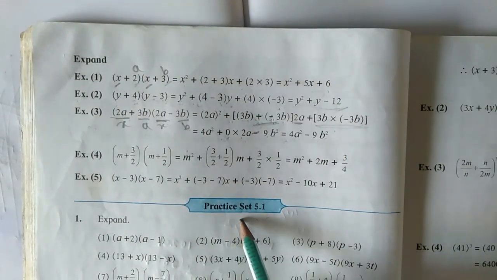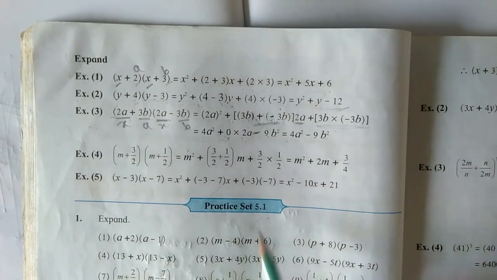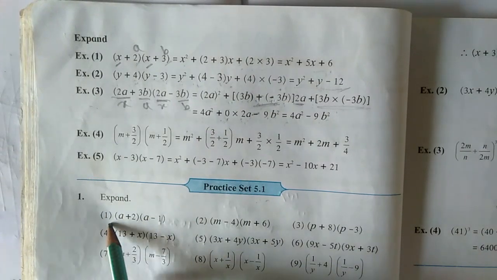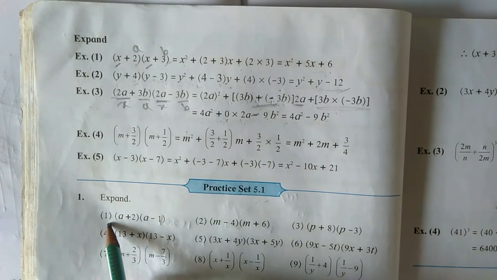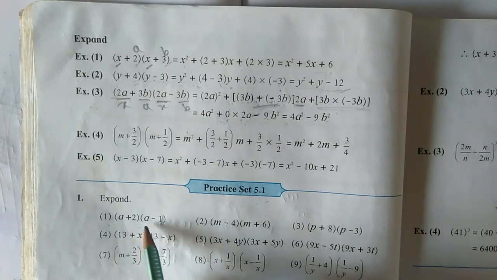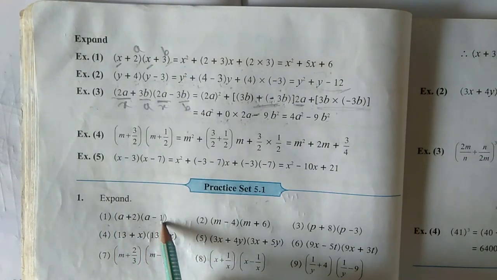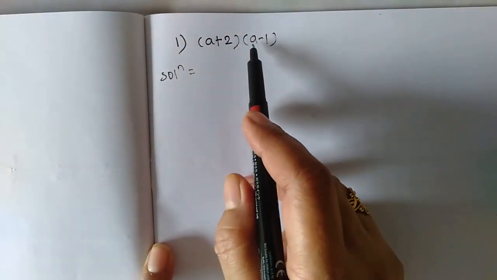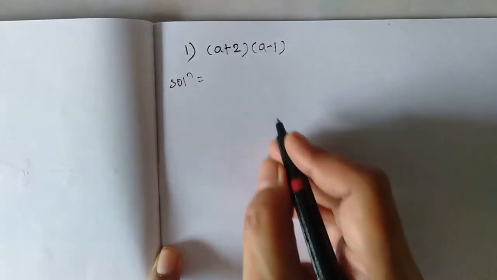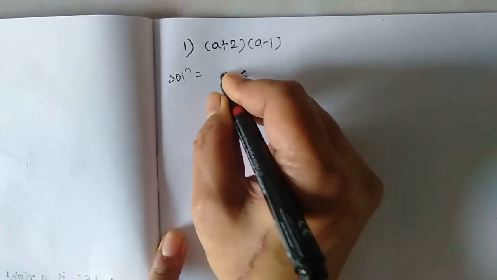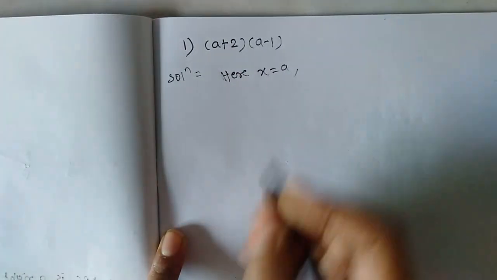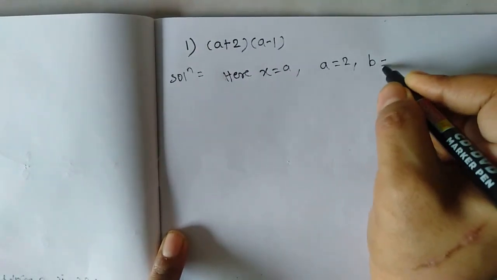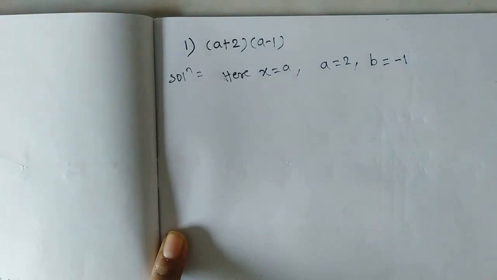So let us move to practice set 5.1. In that, the first question is expand. The first sub question is (a plus 2) into (a minus 1). See the question. So the solution here: x is equal to a, a is equal to 2 and b is equal to minus 1.